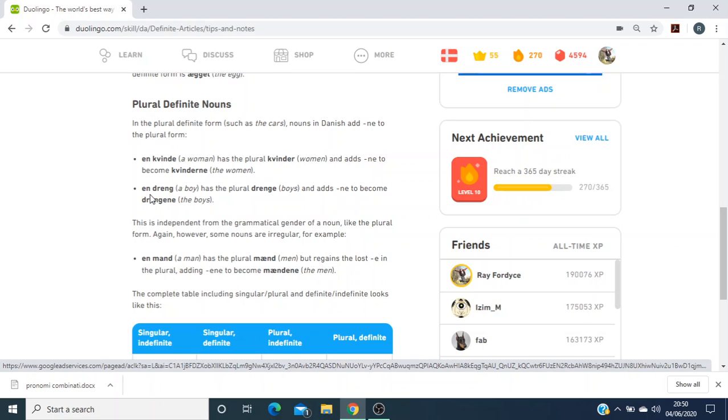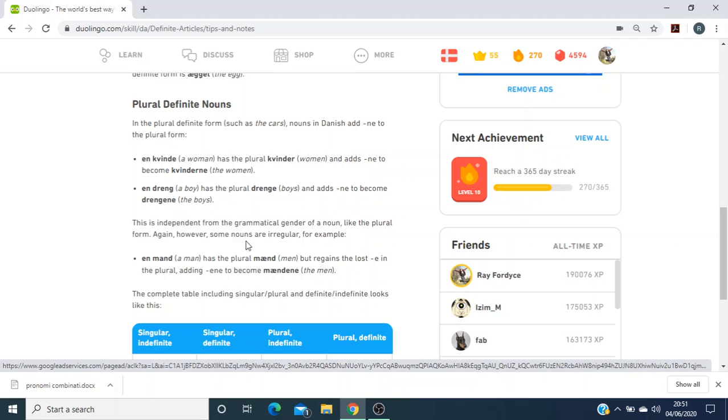The other example is en dreng, a boy, which has the plural form drenge, boys, and adds ne to become drengene. This is independent from the grammatical gender of a noun.